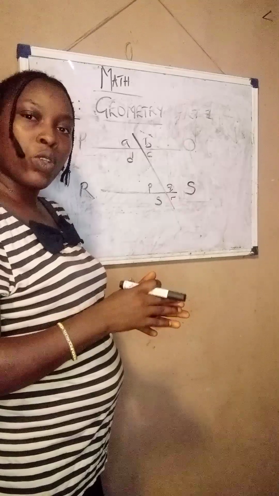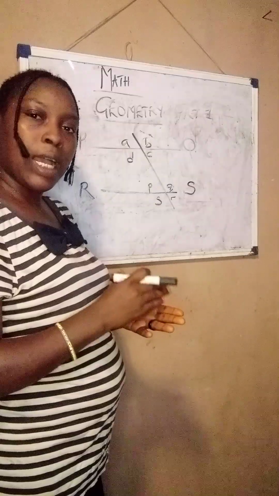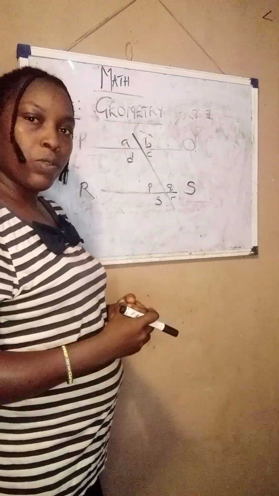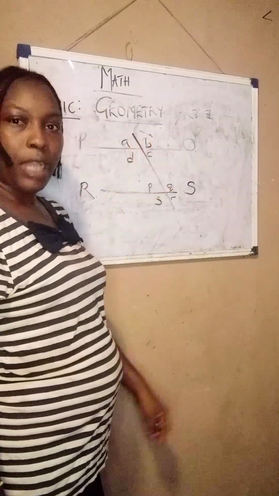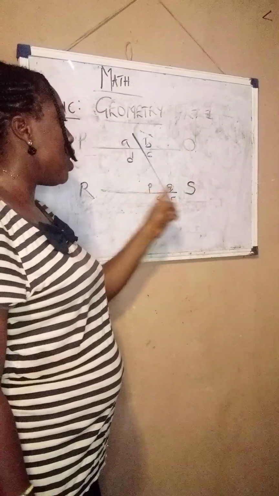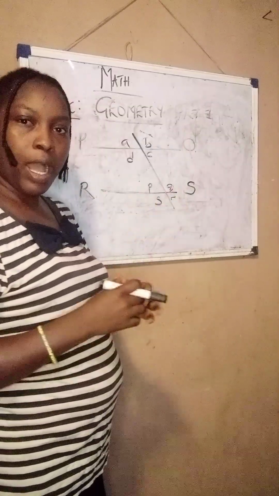Adjacent angles on a straight line sum up to 180 degrees. What are the adjacent angles on the board? We have A and B adjacent, D and C adjacent, P and Q adjacent, and S and R adjacent.